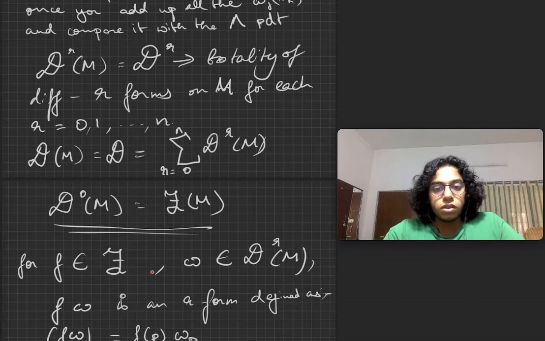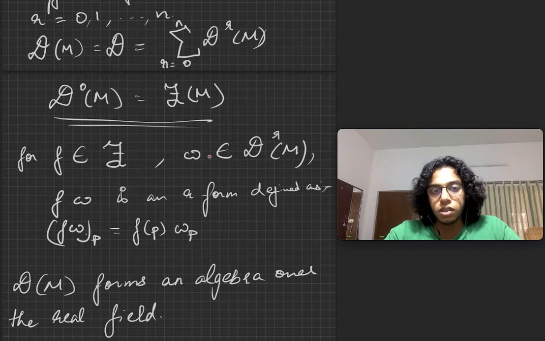So for a function f belonging to the function space and omega belonging to the space of R forms, f omega is an R form defined as f omega of p is f of p times omega p. So basically you have f acting on your R form to give you f of p at omega p.